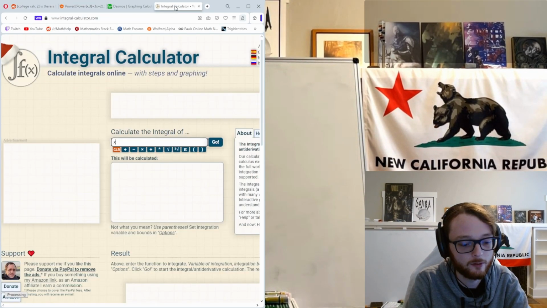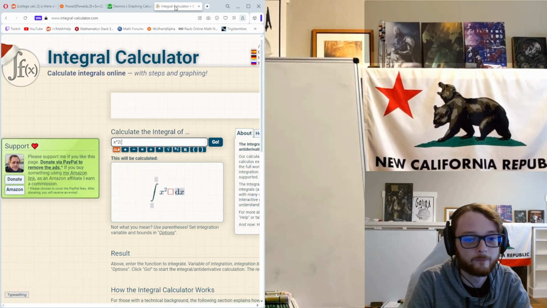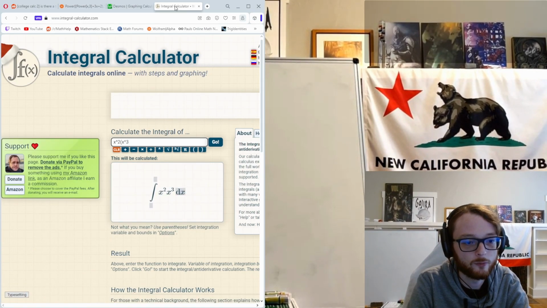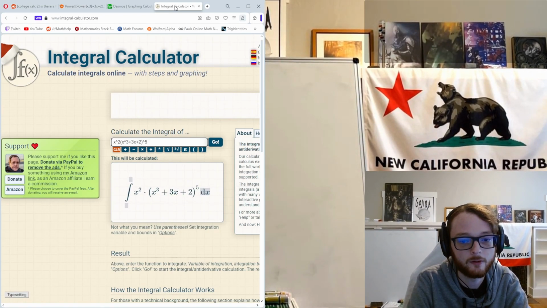X squared, x cubed plus 3x plus 2 to the 5th.